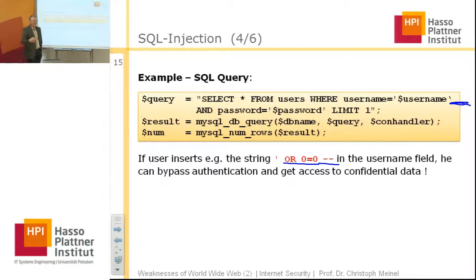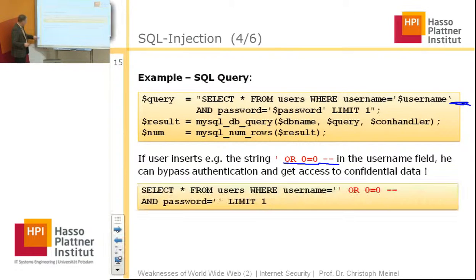The result is that he can immediately bypass the authentication procedure. Here it is written: select from user where username, then comes the input, or 0 equals 0, minus minus.